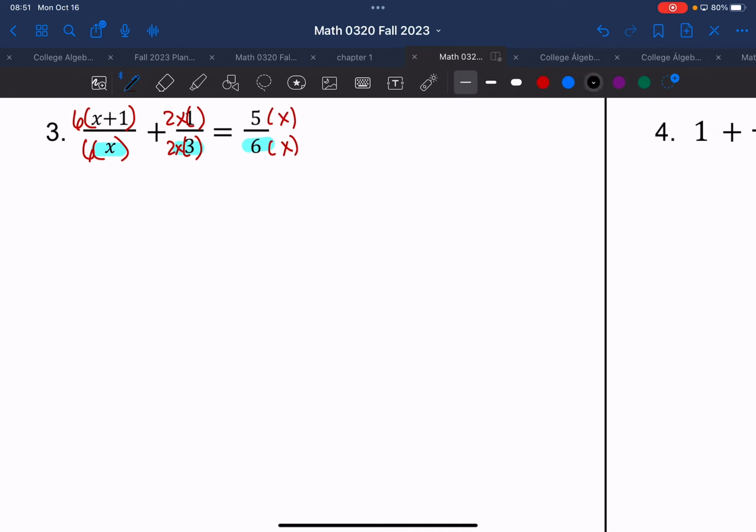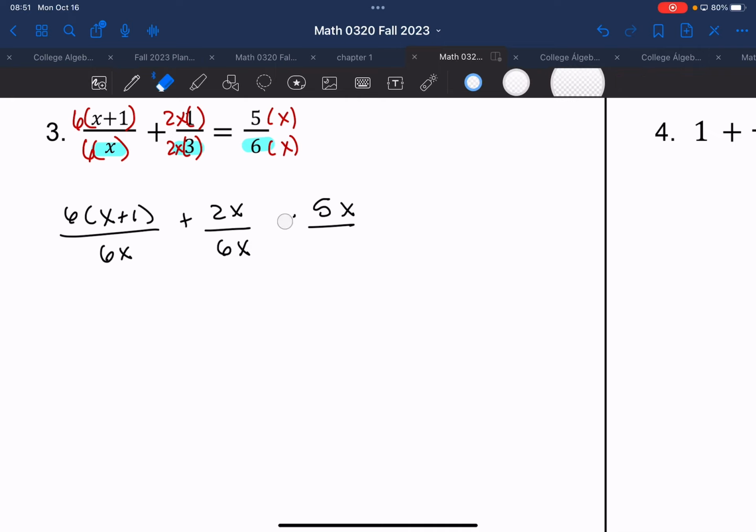That means if I was to rewrite this, I would have 6 times x plus 1 over 6x plus 2x over 6x equals 5x over 6x.